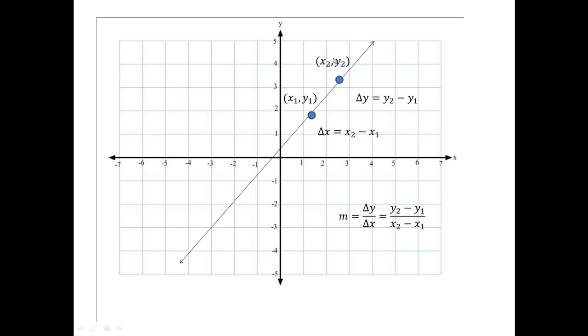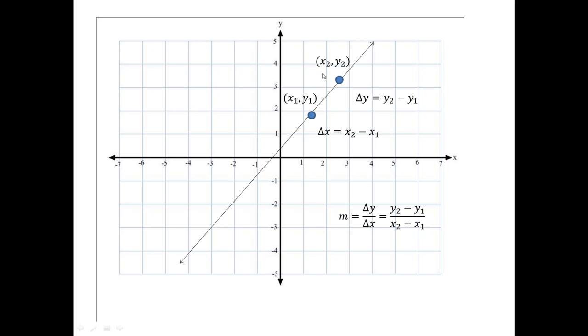Similarly, for the x part, we can do x2 because that's the x coordinate of our second point, taking away x1, so that's x2 minus x1. So for our gradient we would have the change in y over the change in x, which is y2 minus y1 over x2 minus x1.